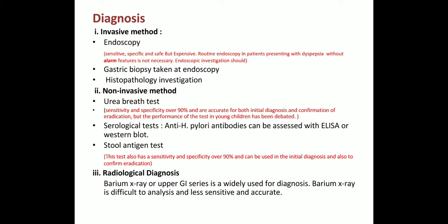So the detection of that C13 labeled CO2 itself indicates the presence of H. pylori, because only if H. pylori is present will there be that action of the urease, that is the splitting of urea into carbon dioxide as well as ammonia.